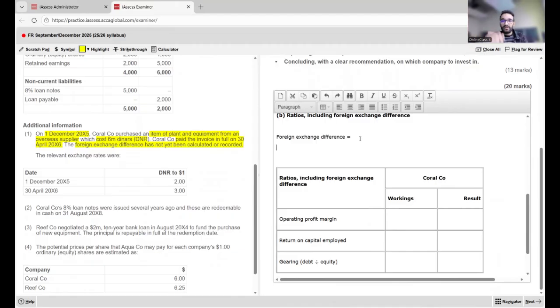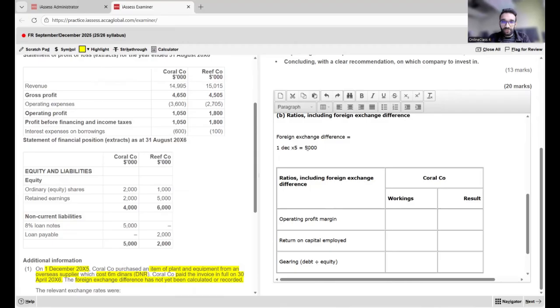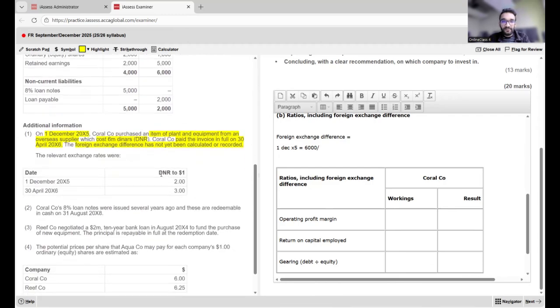First of all, we need to make sure at what value this transaction should be recorded on 1st December X5. It is going to be recorded at 6 million, assuming the rate is common. So it's 6 million divided by what was the rate? It is an indirect quote, and we are supposed to divide. The rate is 2, so we have recorded this at 6 million divided by 2, which is $3,000.